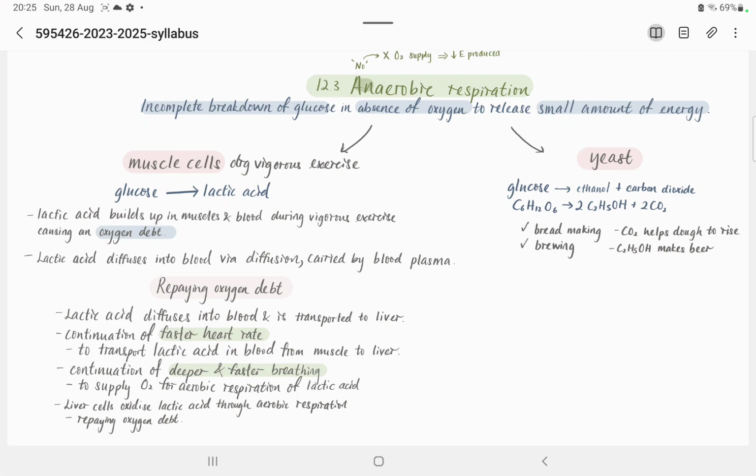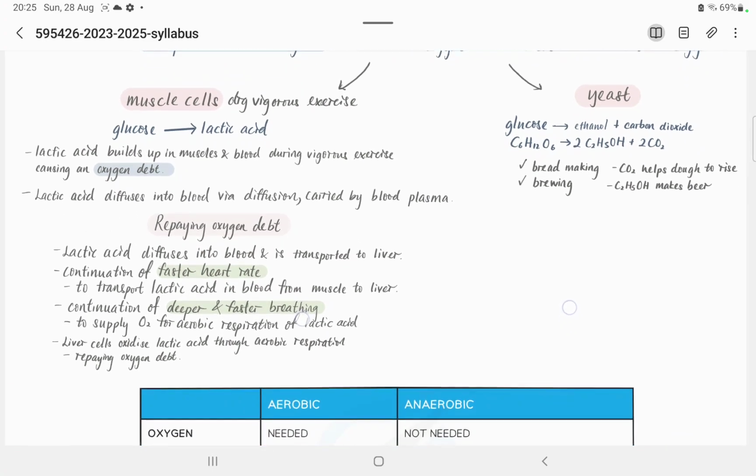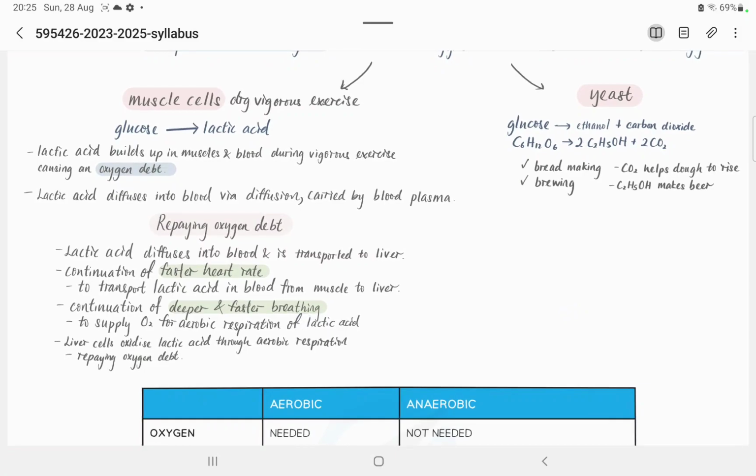Okay, and then after that you have 2. One in animal cell and one in yeast. So for animal cell it's mostly in muscle cells, because we will do vigorous exercise. So if during vigorous exercise the oxygen supplies will not be enough, not sufficient.